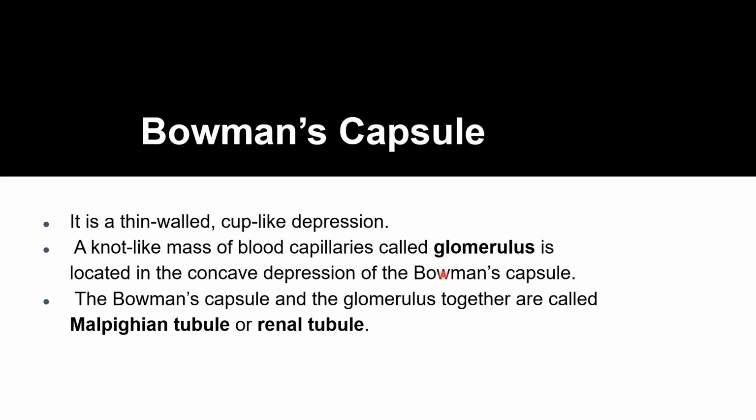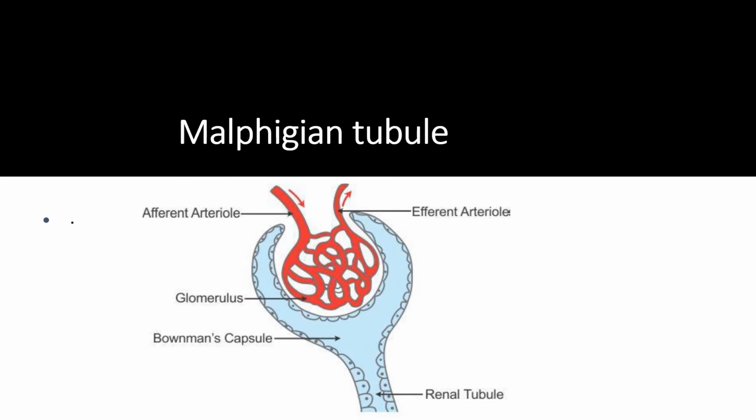So the glomerulus is a mass of blood capillaries present inside the Bowman's capsule. These two together, the Bowman's capsule and the glomerulus, are called the Malpighian tubule or renal tubule. So this is the structure showing the Malpighian tubule. It includes the Bowman's capsule and the glomerulus.